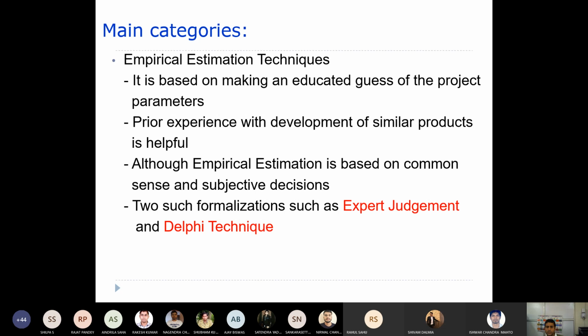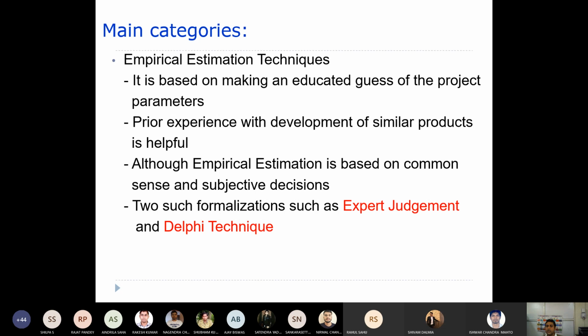If we have that prior experience, then you will be able to make an appropriate educated guess of the project parameters. So it is all based upon experience, on experts who have handled similar projects.